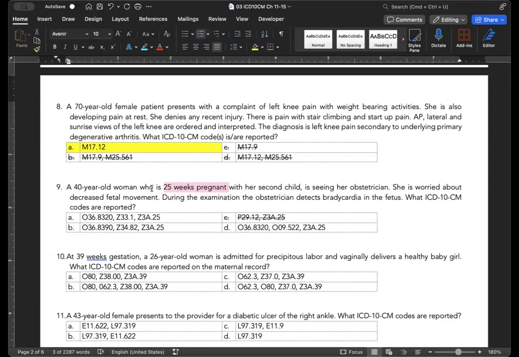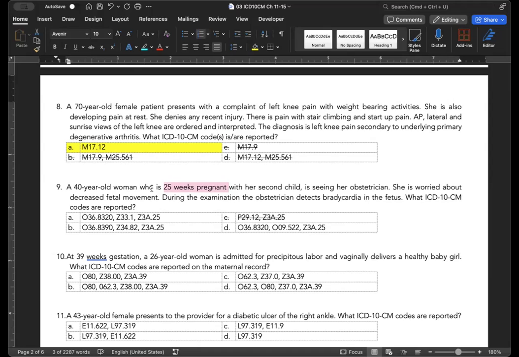So Sarah, it's going to be a 0 because you're only going to use the seventh character 1 if there are multiple gestations. If you read above your seventh character options, the paragraph says seventh character 0 is for single gestations, and then multiple gestations where the fetus is unspecified.